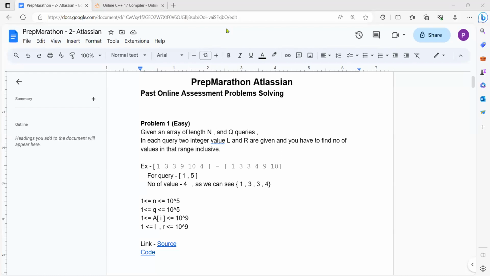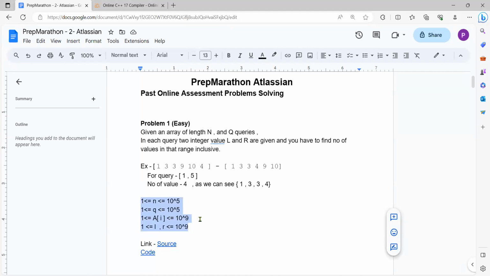Okay, Pragna gave one solution, but look at the constraints also. Those who are giving me a brute force solution, is your brute force solution actually going to pass this?